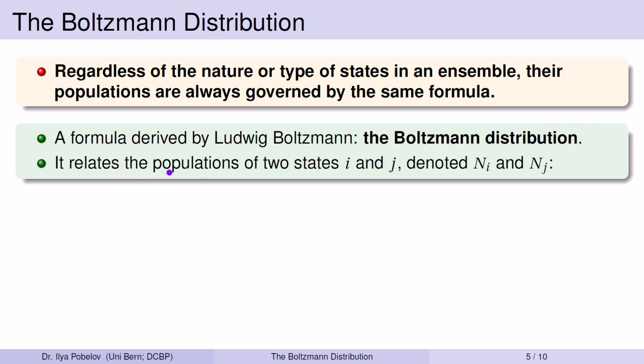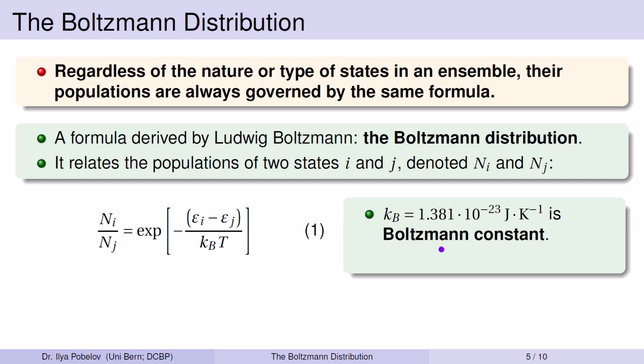It relates the populations of two states, i and j, denoted N_i and N_j, and says that the ratio of their populations, N_i divided by N_j, is equal to the exponential of minus the energy difference between the two states, epsilon_i minus epsilon_j, divided by k_B times T. Here, k_B is the Boltzmann constant and T is the absolute temperature.